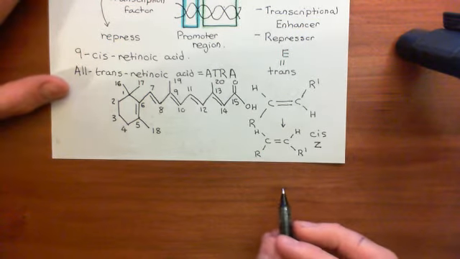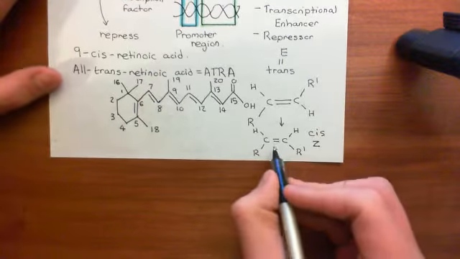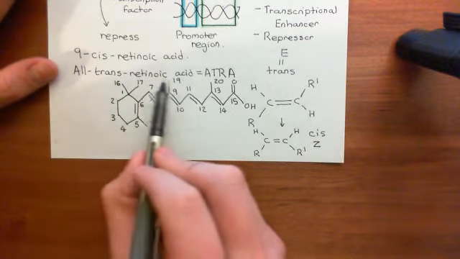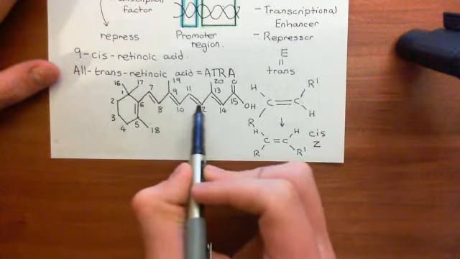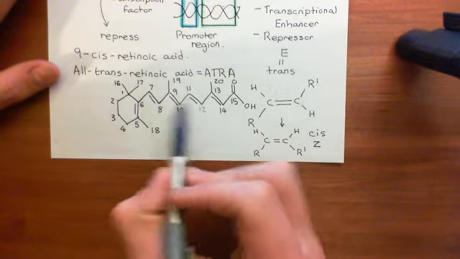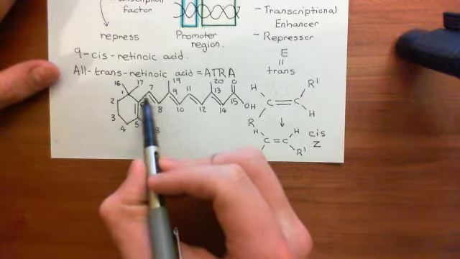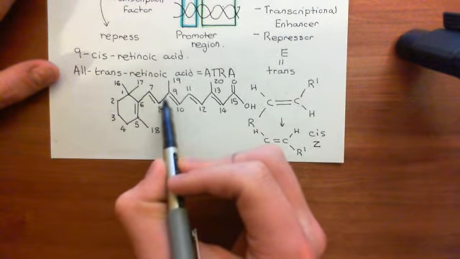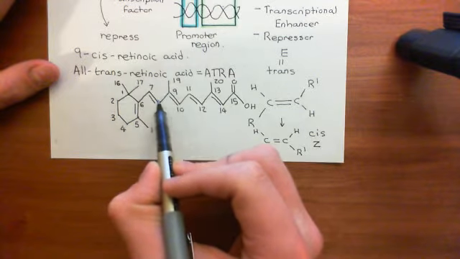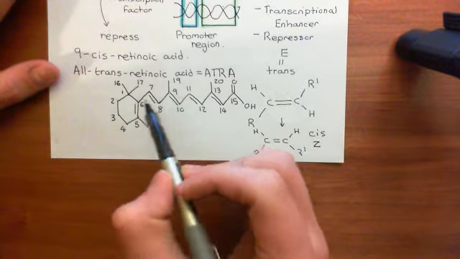Okay, right. So, basically, when we say all-trans retinoic acid, what we are referring to is the fact that all of these double bonds here, every last one of them, is in the trans formation, and that's demonstrated by the fact that this group here is on the opposite side to this group here. So this structure does show you that they're all in the trans conformation.